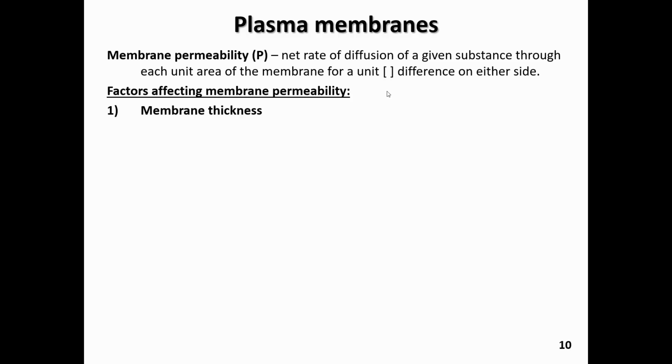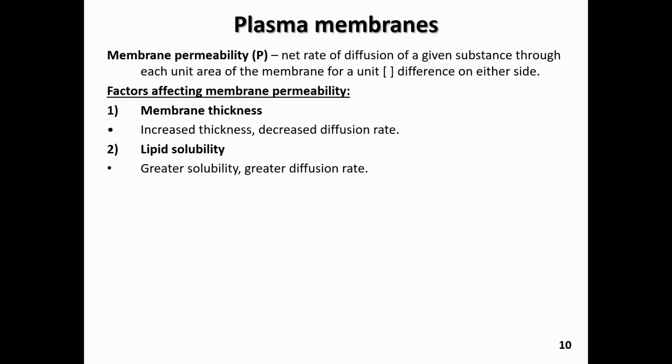And there are some factors that certainly affect the diffusion of a molecule through the actual membrane. The first is the thickness of the membrane. Some membranes are thicker than others, and so with an increased thickness, that will decrease the diffusion rate because the molecule or ion has to traverse a longer distance.